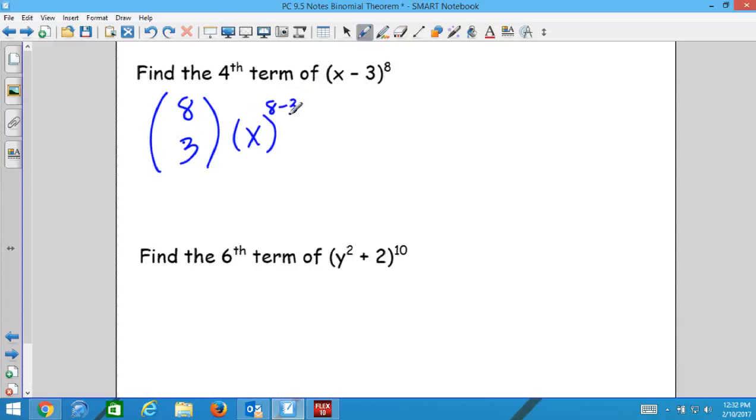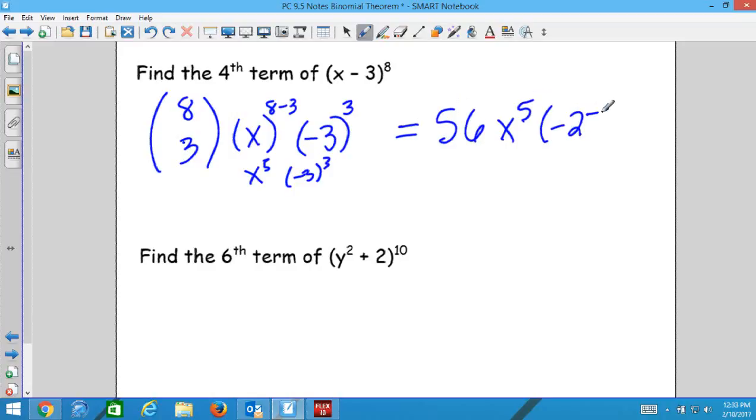Subtract those two. And then we'll have negative 3 to the third. So we have an 8 and a 3. The middle one's 5. And then this one is a 3 again. 8 choose 3 is 56. And we multiply it all together.